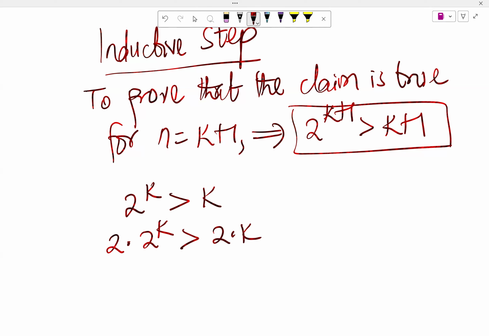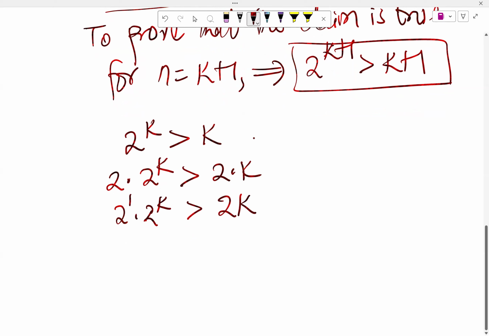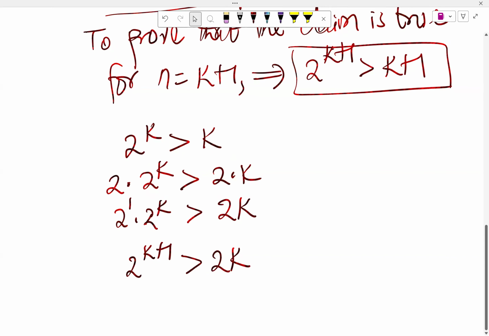So that is 2 raised to power 1 times 2 raised to power k, and that is greater than 2k. Okay, so that means you have 2 raised to power k plus 1, which is greater than 2k. Now, our job here is to show that 2 raised to power k plus 1 is greater than k plus 1. And now we have it that 2 raised to power k plus 1 is greater than 2k.